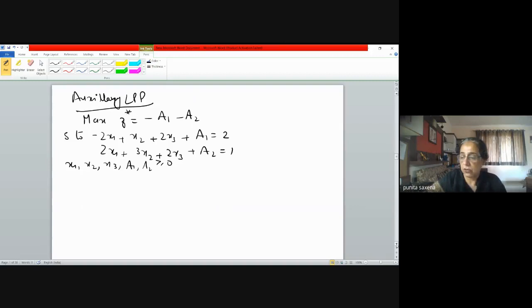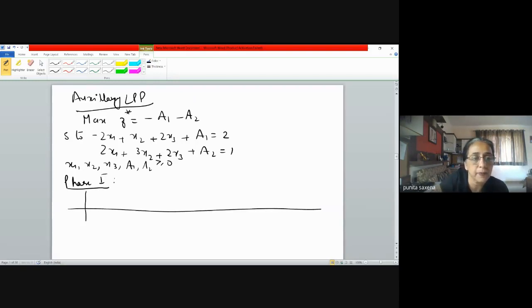Okay. Now you can start with the phase 1 table. So I start with the phase 1 solution first and let's see what happens. This is my XB, CB, B. I'll have my Cjs here. Now my variables are X1, X2, X3, A1, A2.